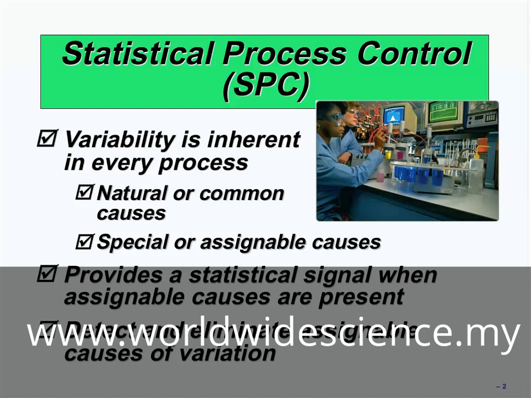Assignable causes are because of machinery or labor and something like this, which is in our hands. But natural or common causes are not so. We can ignore them.